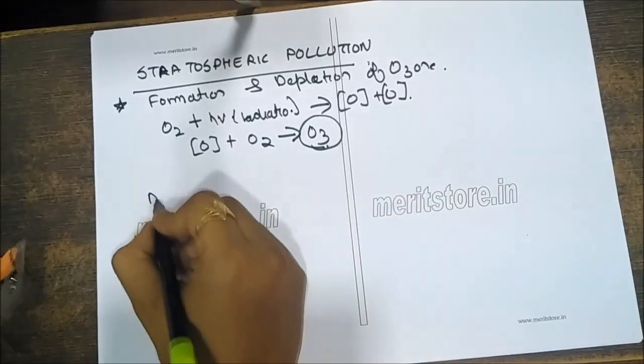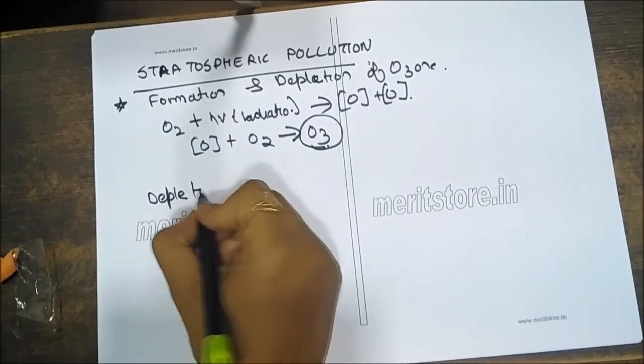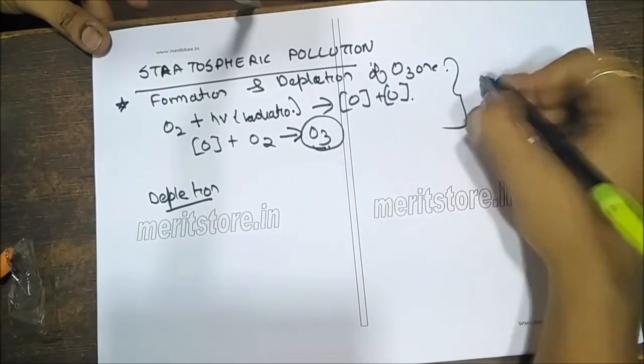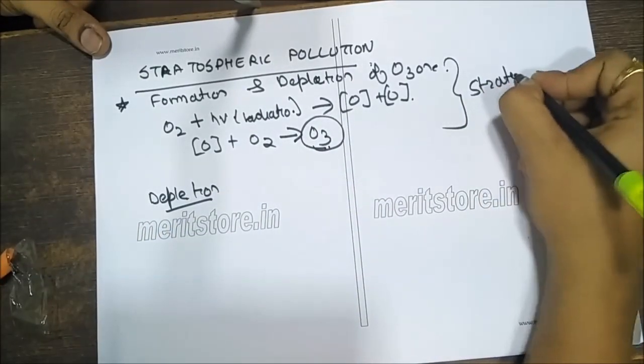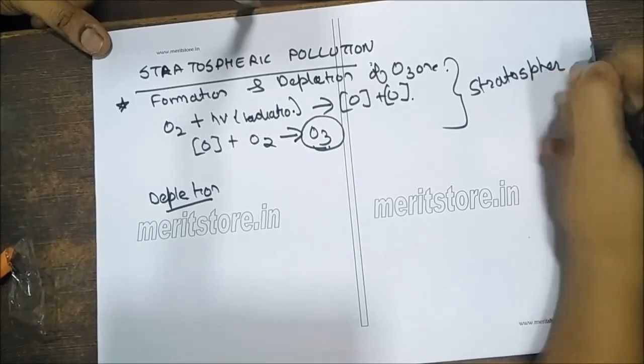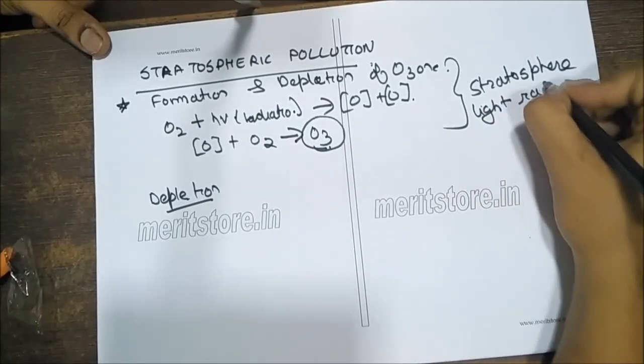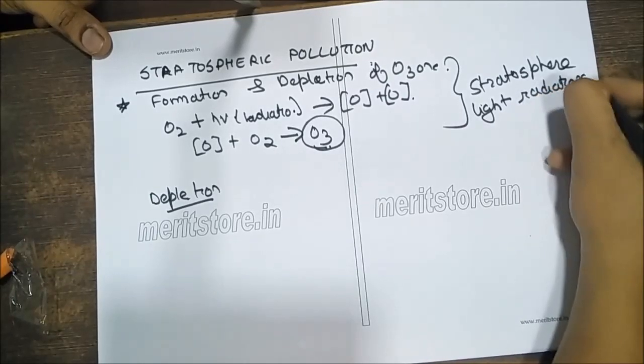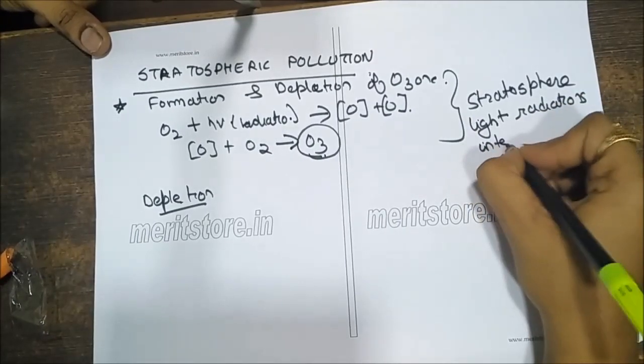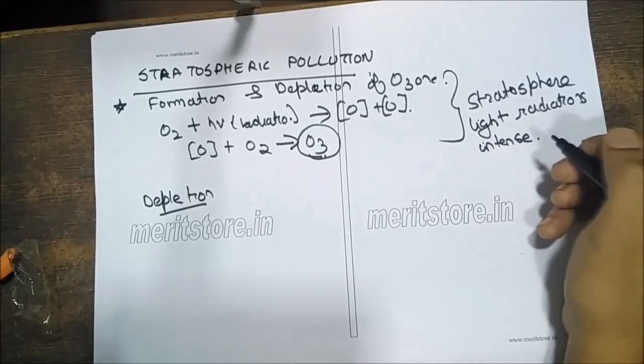Now let's see how the depletion of ozone occurs. So formation is mainly occurring in the stratosphere where the light radiations are intense. Okay.